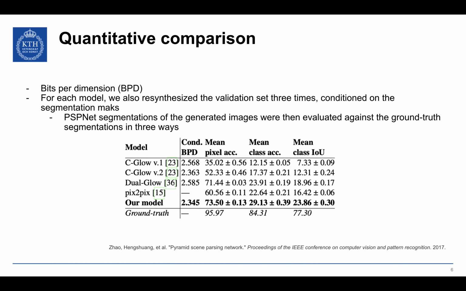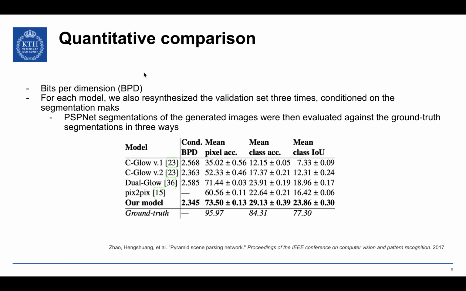In order to quantitatively compare the performance of the trained models, we synthesized images on the validation set 3 times. Then, in order to evaluate the quality of the synthesized images, we used the pre-trained PSPNet semantic classifier. And for the likelihood-based models, which are the flow-based models here, we also compared the bits per dimension.